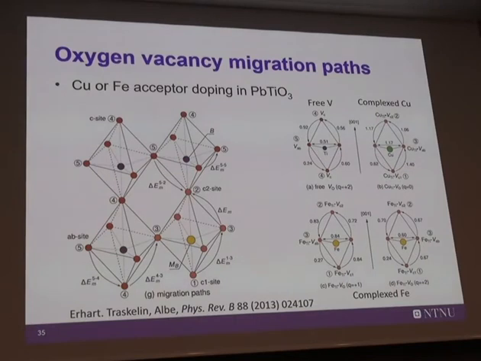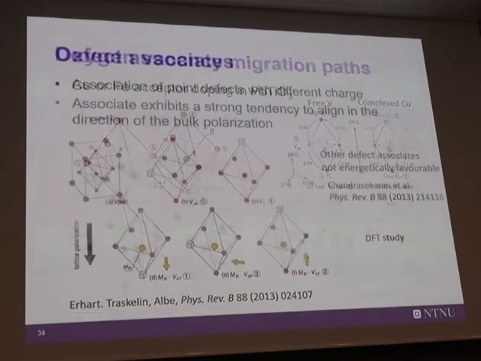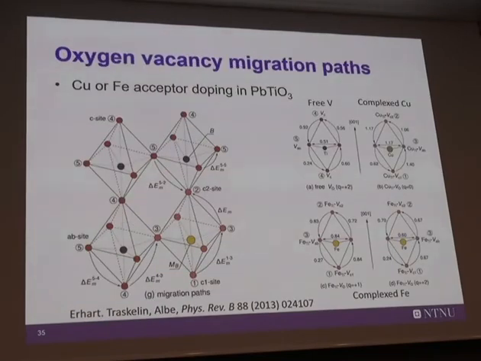And then they also looked at different transitions. If you move the oxygen vacancy from one position to the other, you can see that there are many different paths, also depending on the direction of the field. I will not go into all this, but they are labeled with different names for the different transitions or diffusion paths.